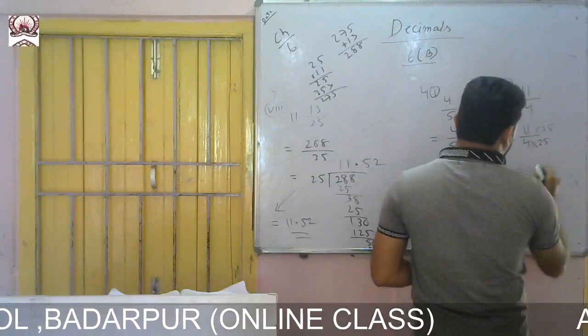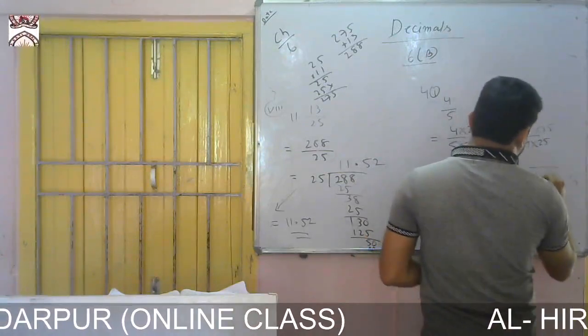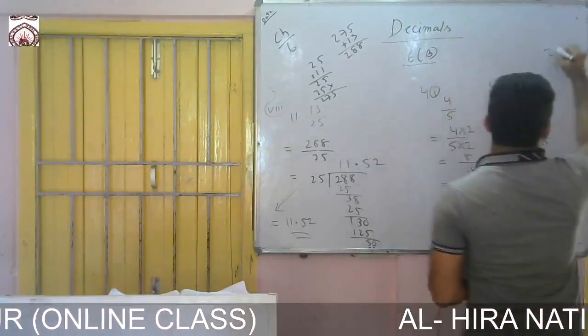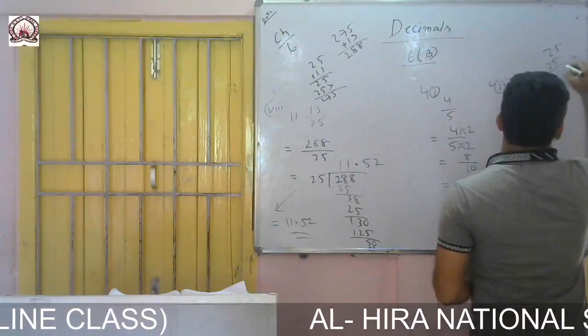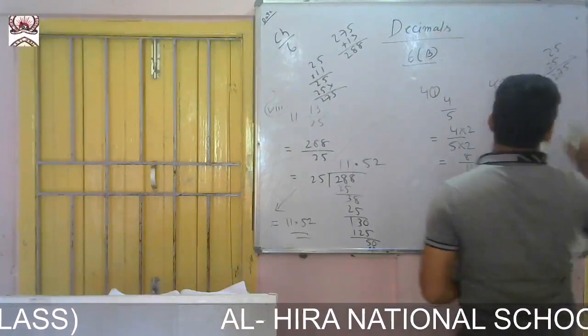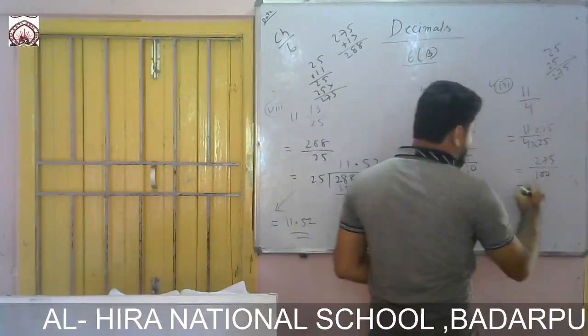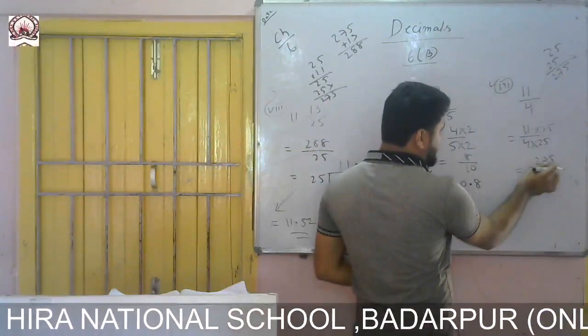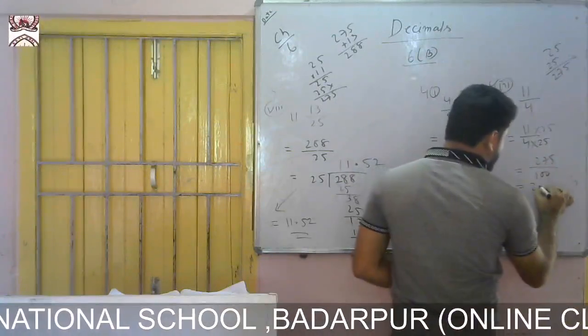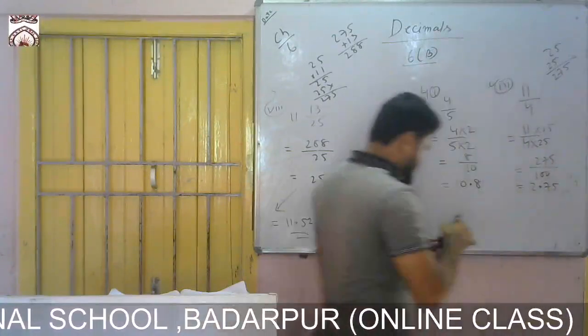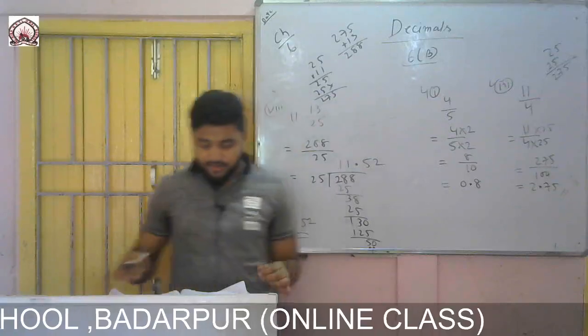Then I can write 11 here, and 100 here, and 25 into 11 is 275. So if I divide by 100 with 2 zeros, then the point will shift here. 2.75. That is the answer. 2.75.